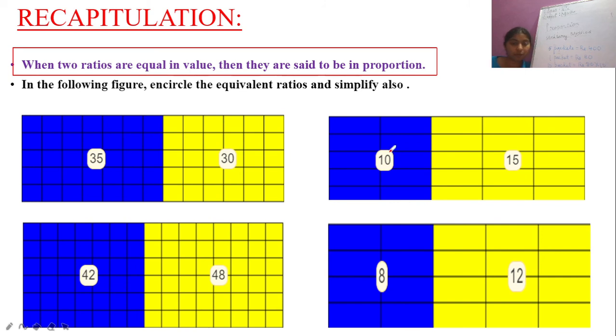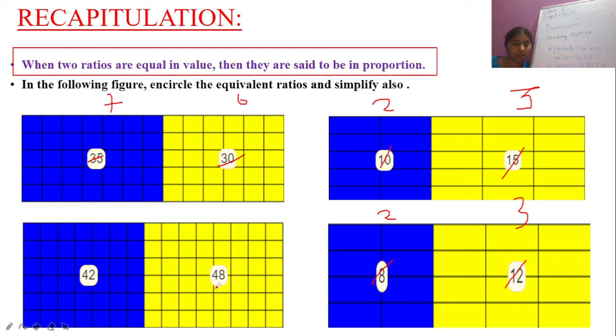So if you cancel these 10 and 15, you will get 2 by 3. Okay. If you cancel 8 and 12, if you simplify, you get again 2 by 3. If you talk about this 35 and 30, you get 6 by 7, right?